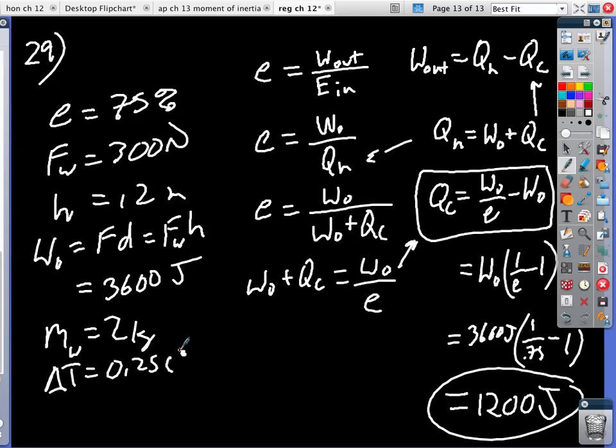How much heat is transferred to the surroundings during this lifting? All right, so we already know that based on the efficiency, 1200 joules is going to be lost to the environment. Does that make sense to everyone?